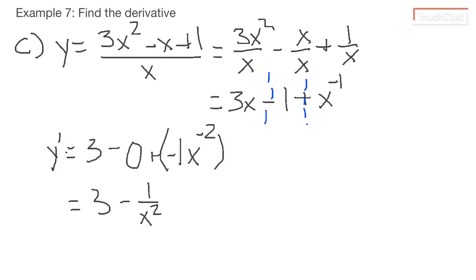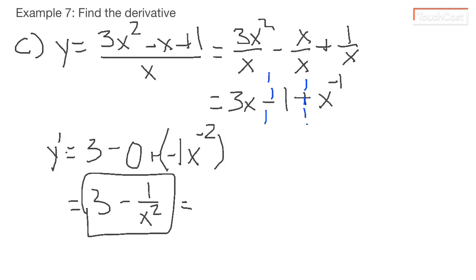If you want to get a little bit more technical, we could and really should go a little farther, but like I said, this is acceptable. If we did go farther, though, we would want to find the common denominator and actually subtract these two fractions. In this case, a common denominator would be x squared.